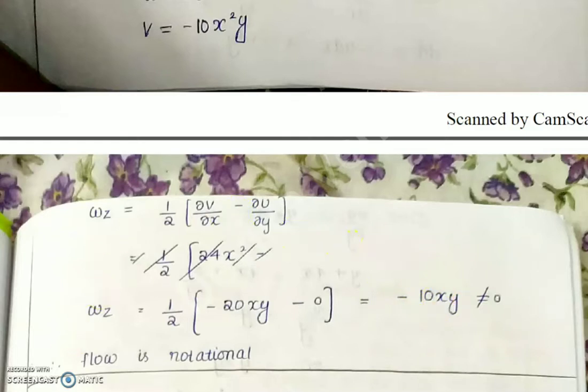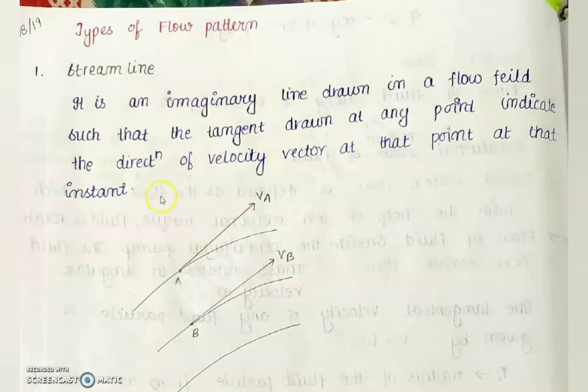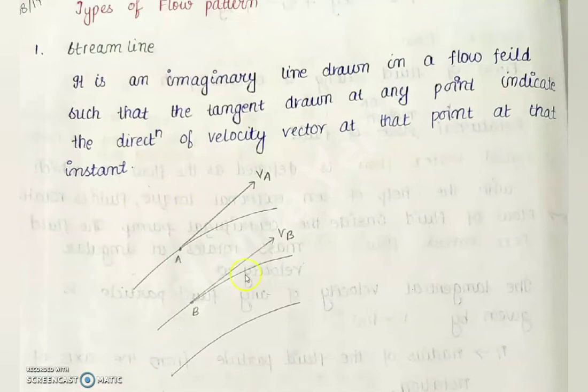Thank you. We'll see types of flow pattern. In that, first one is a streamline. So streamline is nothing but an imaginary line drawn in a flow field. Suppose this is the flow direction.